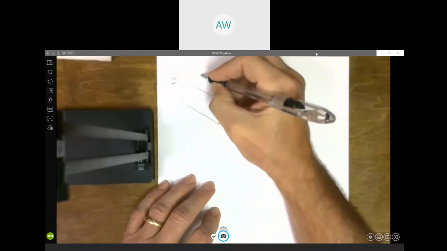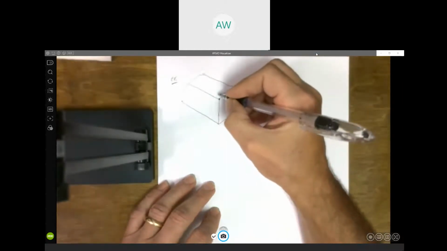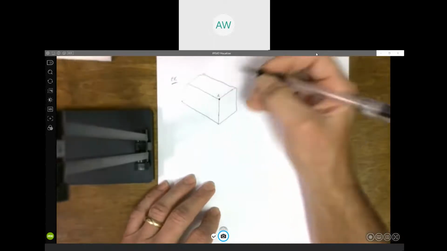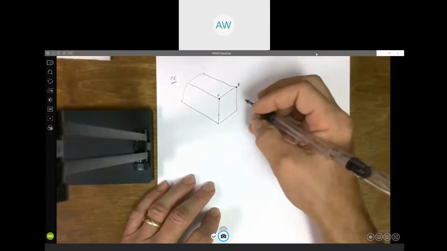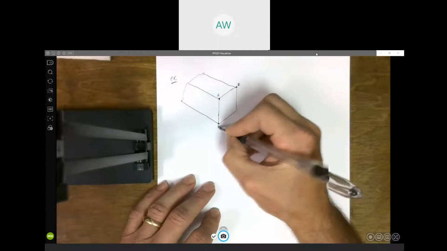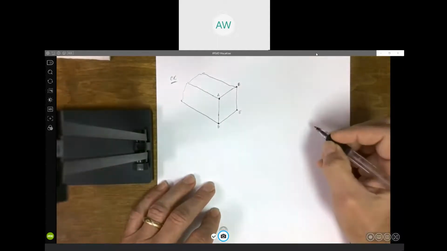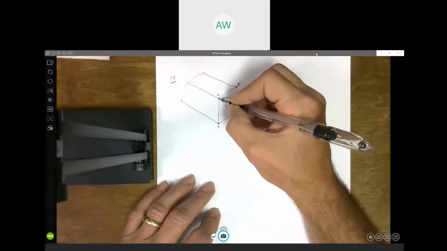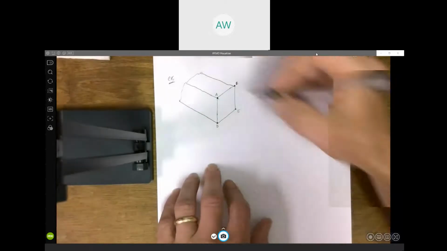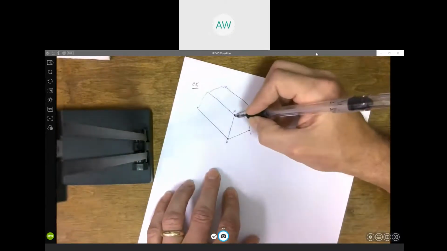All right, so we've got this, remember, this corner, this is A, this is B, this is D and E. And we're applying an axial force, let's see if I can draw this straight.